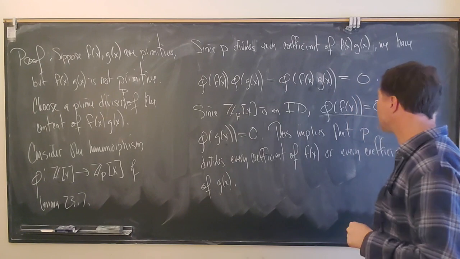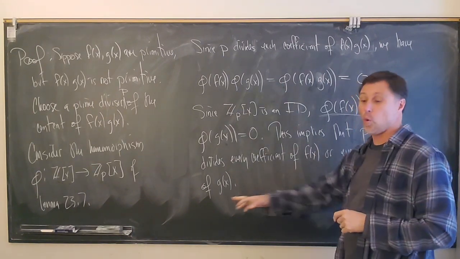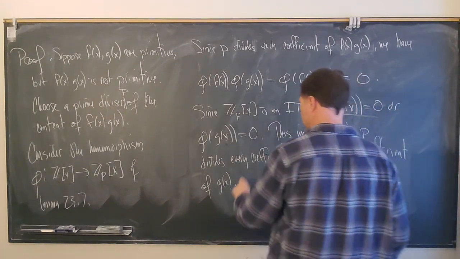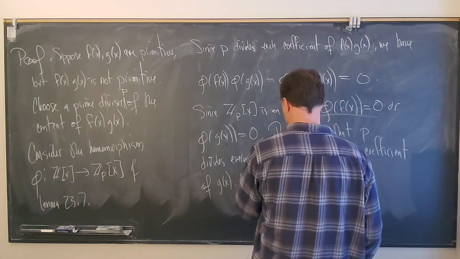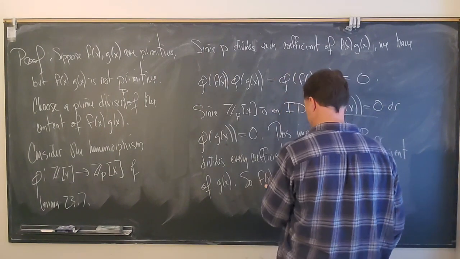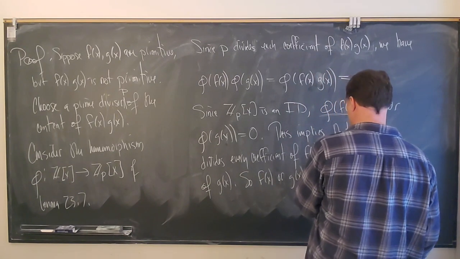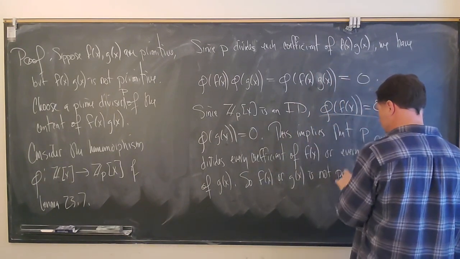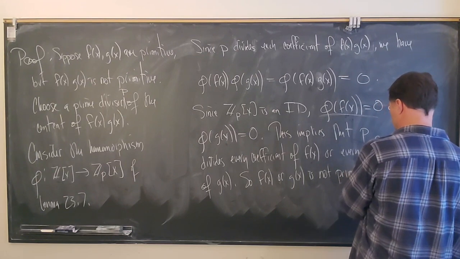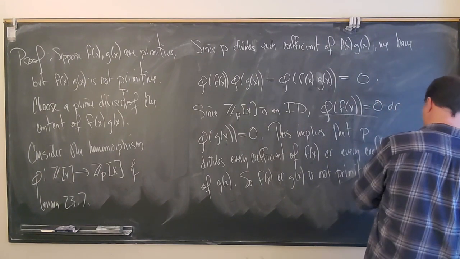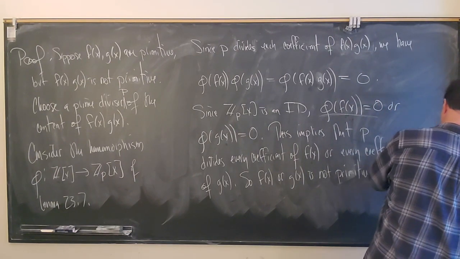So what does that mean? That means that either f of x is not primitive or g of x is not primitive. So f of x or g of x is not primitive. That's a contradiction. All right, so that completes the proof.